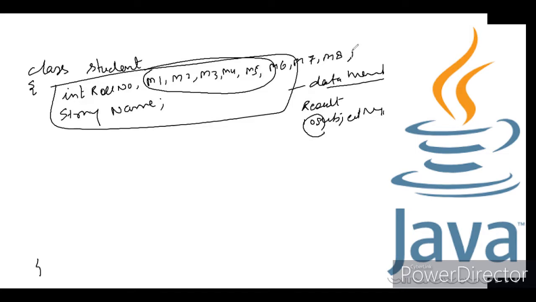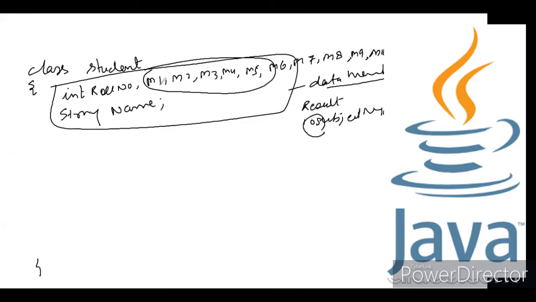So this will create a mess, because either you have to take the name of the subjects, or you have to take M1, M2, M3.